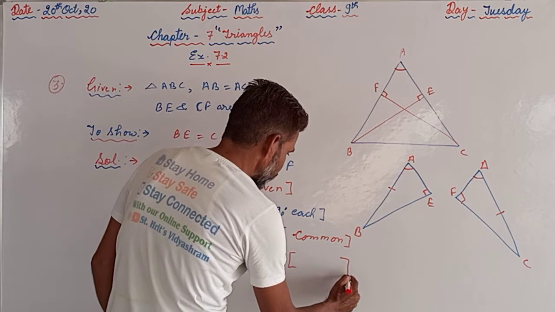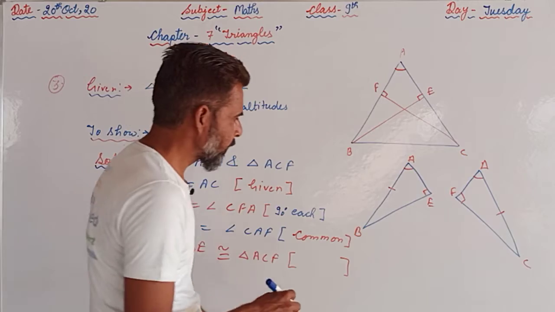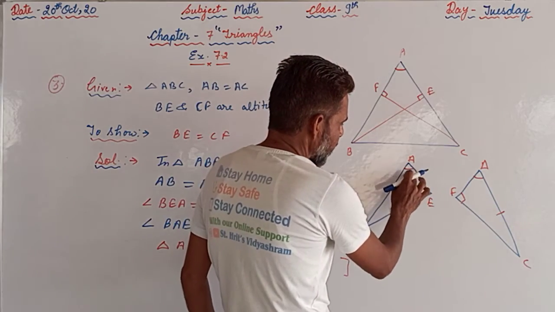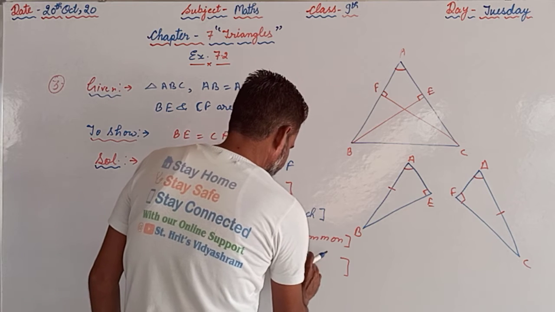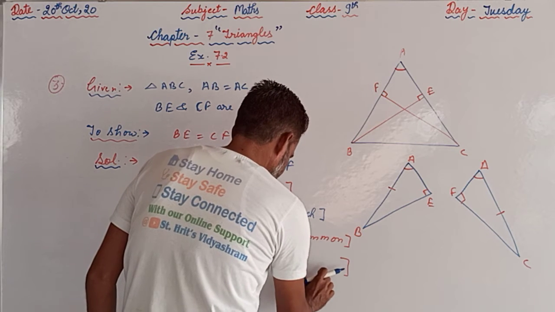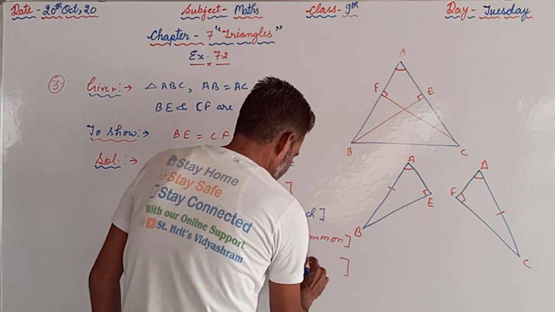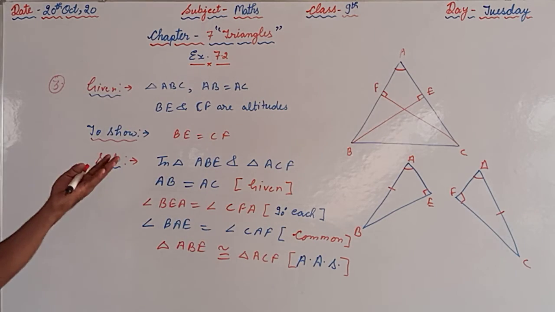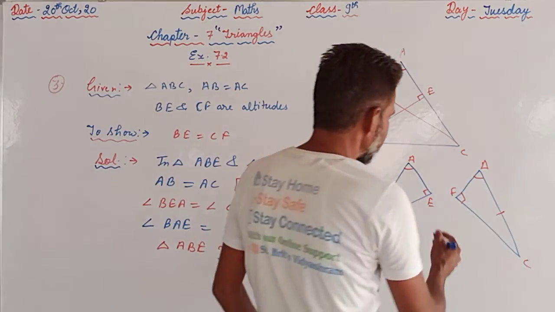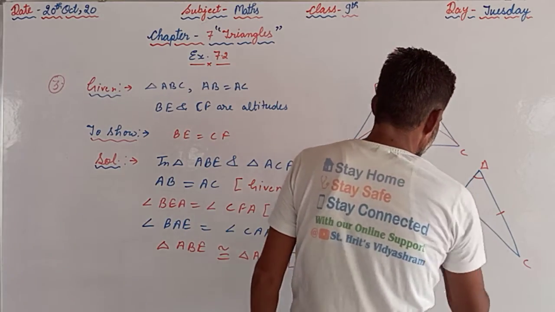Now, we are supposed to select the criteria, and the criteria is angle, angle, side. Now we have proved that these two triangles are congruent.